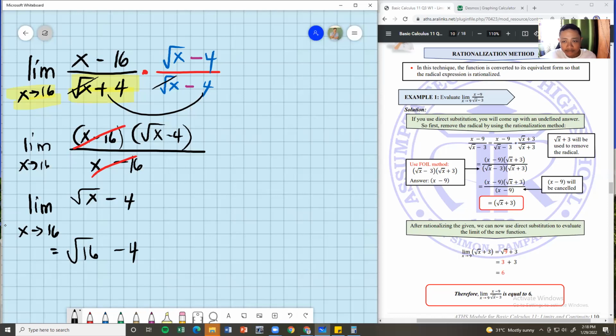And so we will have 4 minus 4, and that will be equal to 0. That's it. That's the answer. Sorry for that. Minus yung given originally dito dapat. So that's it. Can you follow? Did you get that process? Show me a reaction if that's clear to you.